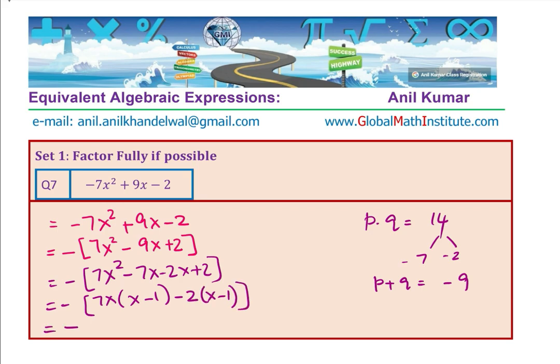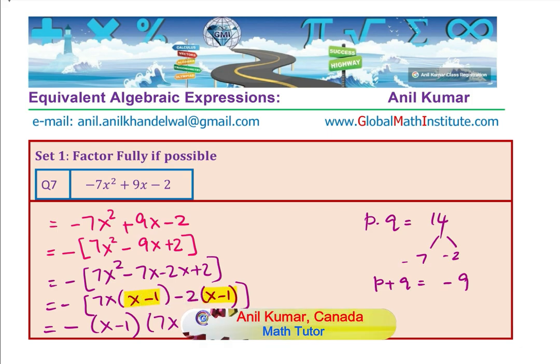And now minus is already outside, x minus 1 is factored, and we get 7x minus 2 as the other factor. Do you see all this? Now think like this. You should always get these as the same terms, otherwise you cannot factor. So if you do not get them as the same terms, that means you need to check your result, okay?